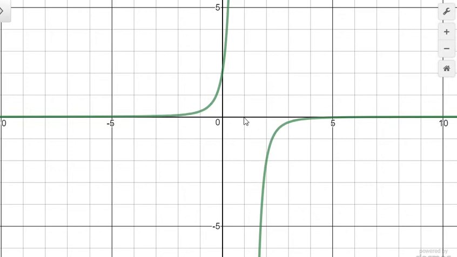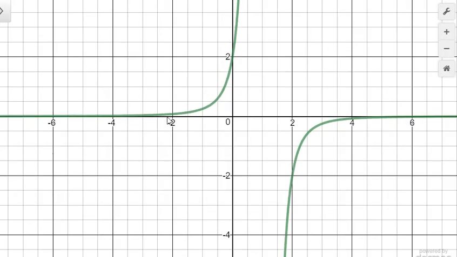So the question is, are these areas trapped between the x-axis and the curve going to be finite when you go from -2 to 2? It's not going to be symmetric. You can see that much. When you look at it from -2 to 2, they're different. They're going to be different areas. So we'll find out.